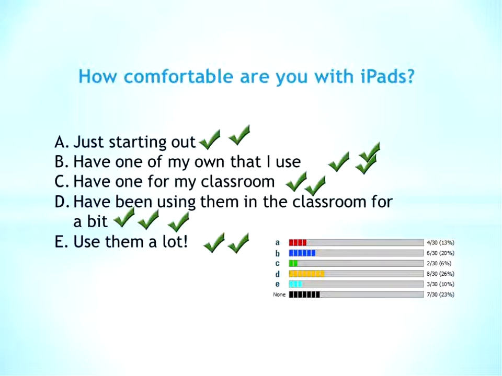The other examples I have are much more elementary focused, or much more balanced, but I just happen to have more examples for secondary here. The very last voice thread on the bottom is an elementary classroom explaining their thinking. All of these were done on the iPads, so take a look, and then we'll come back and have a quick discussion about this type of activity. So I will say maybe 2 or 3 minutes just to take a look.